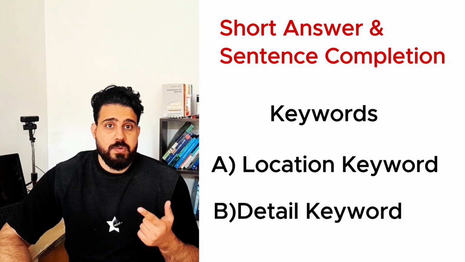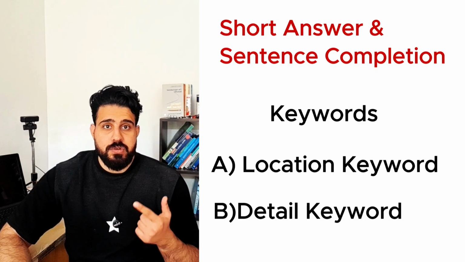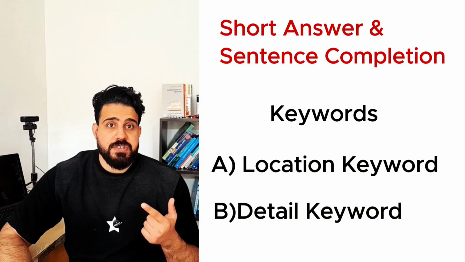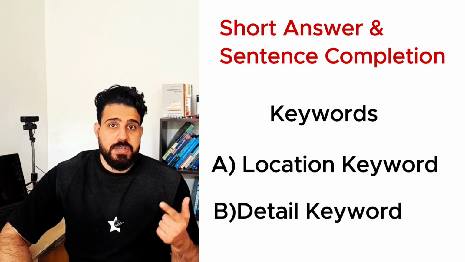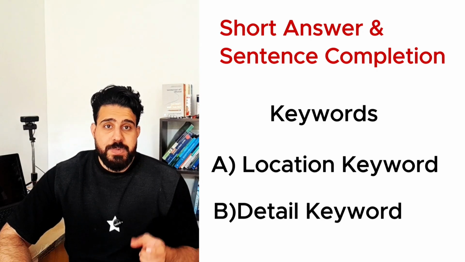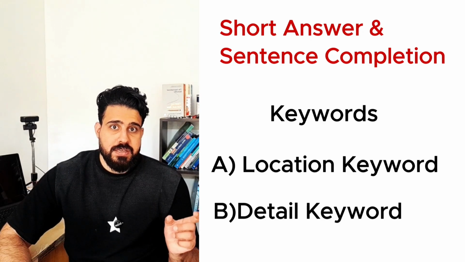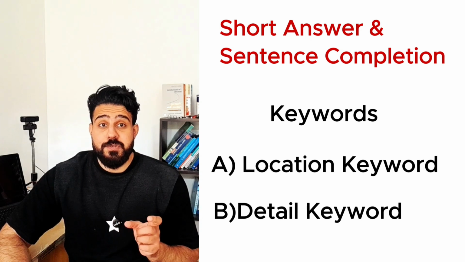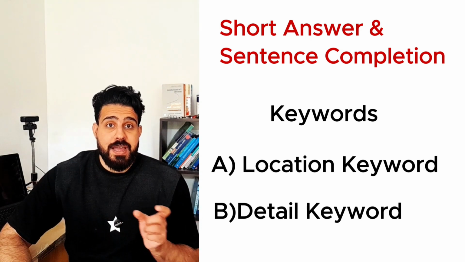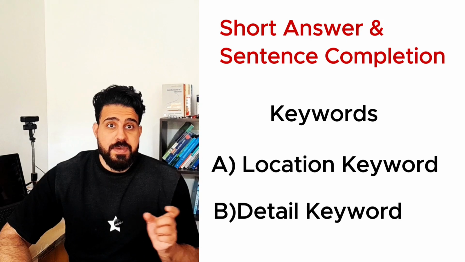This tells you what exactly you're looking for, the specific piece of information you need to complete the sentence or answer the question. So basically, one keyword guides you to the right part of the text, and the other helps you find the exact answer within that section.